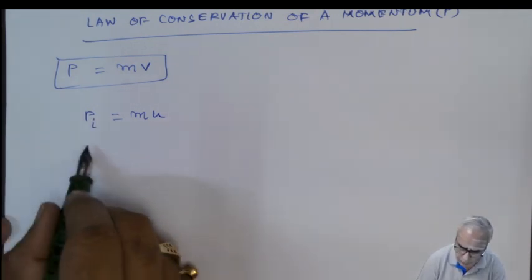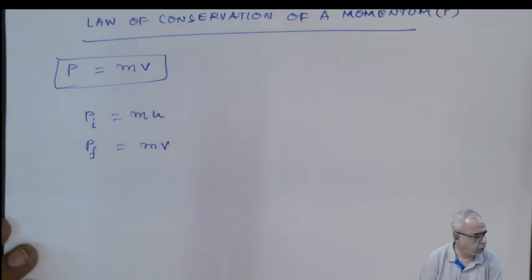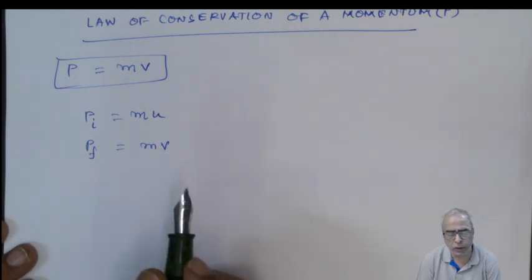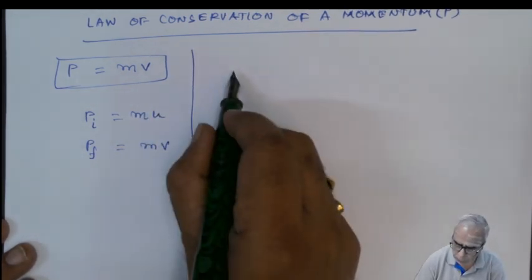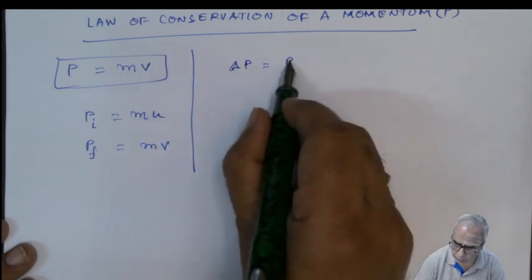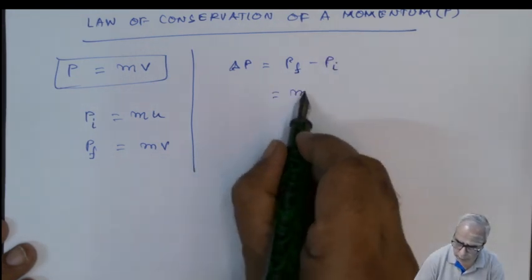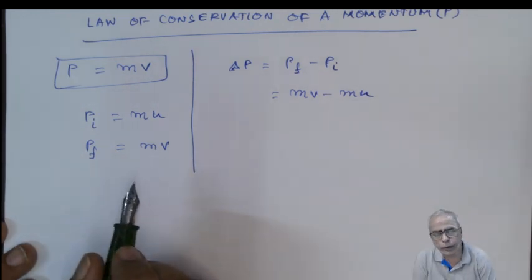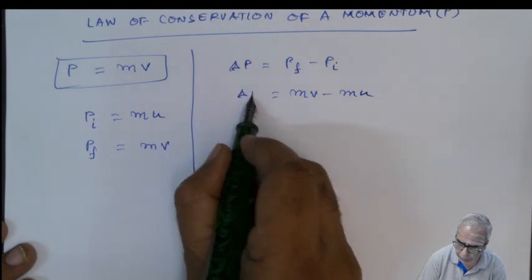Final momentum is mv, because u is initial velocity, v is final velocity. So the change of momentum, that is delta p, is equal to pf minus pi, that is mv minus mu. So this is the change of momentum.